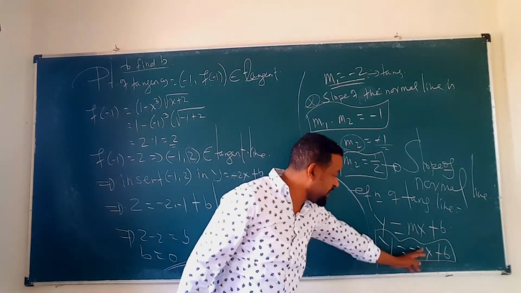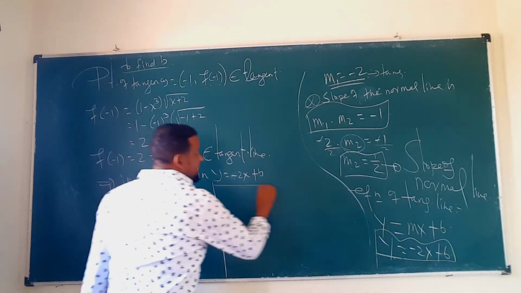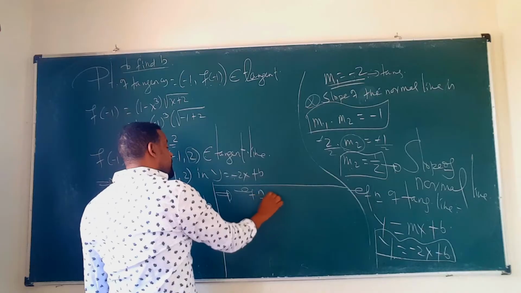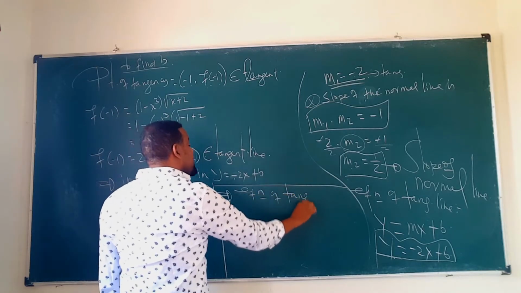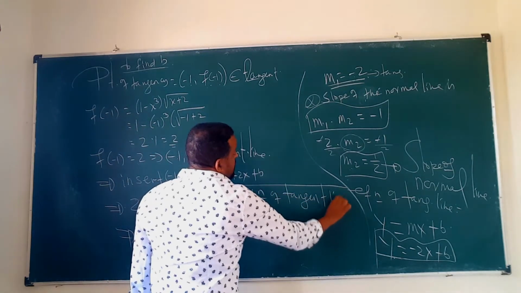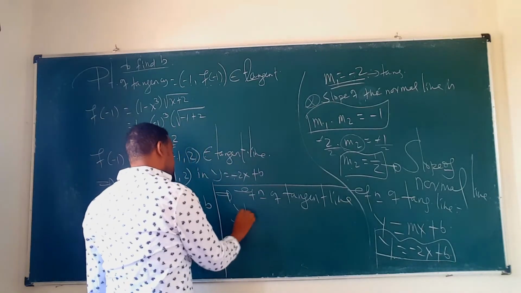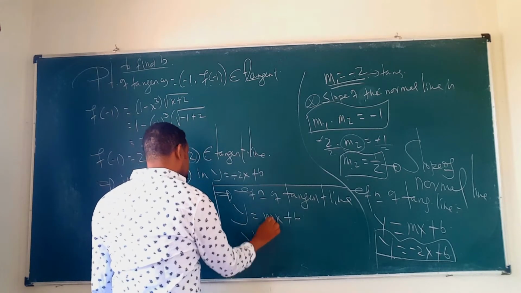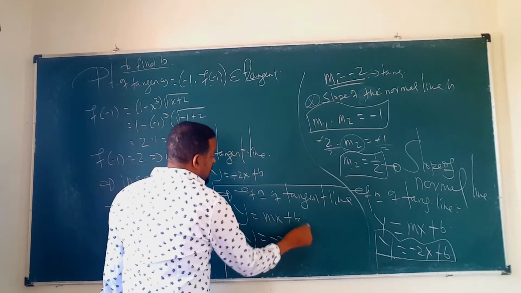We found the slope, and we found the value of b, which is 0. So, the equation of the tangent line is y is equal to mx plus b, of course. So y is equal to our slope, -2x, and our b is 0.